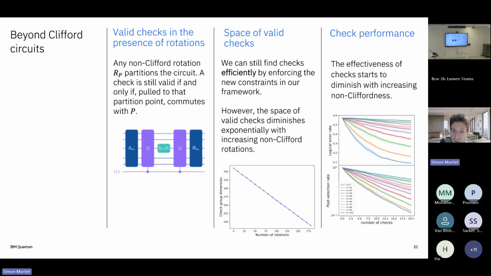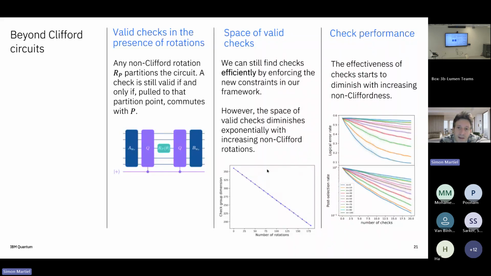And we can actually generalize this framework where we can use the same B matrix encoding and decoding algorithm, but also adding the constraints that the checks we pick need to not interact with the non-Clifford rotations that are within the payload. And this is something we can formulate.